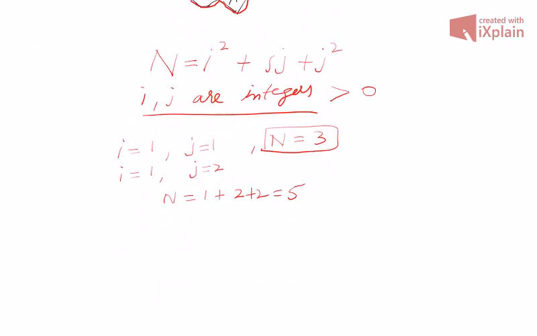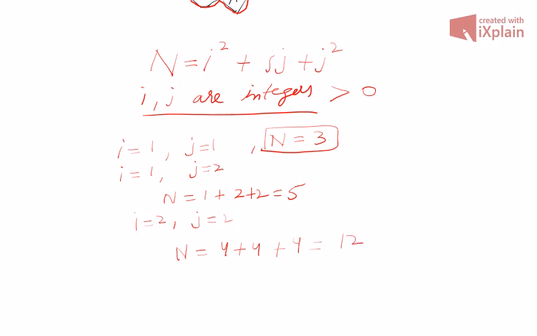Anyways, similarly, if you put i equal to 2, j equal to 2, we will get n equal to 4 plus 4 plus 4, which is 12.